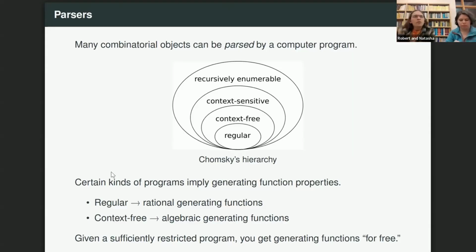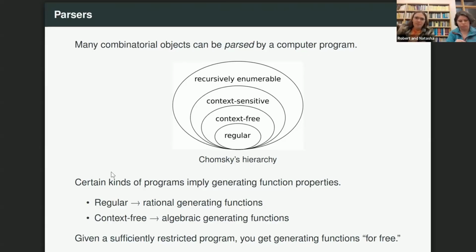Now, parsers can scale in complexity. There's lots of different kinds of parsers that can parse different kinds of languages. The most general case would be saying you're allowed to write any computer program at all. Maybe you might say you have a Turing machine or something like that. And then you can detect lots of things, anything that can be detected by a Turing machine. That's kind of anything you could think of writing down, basically. But if you can do that, you don't actually get any enumerating information.